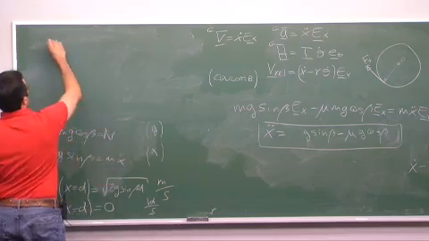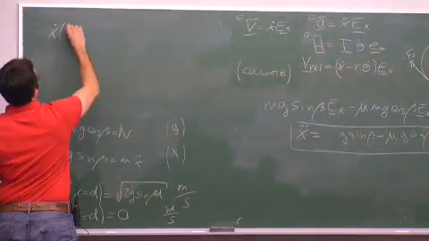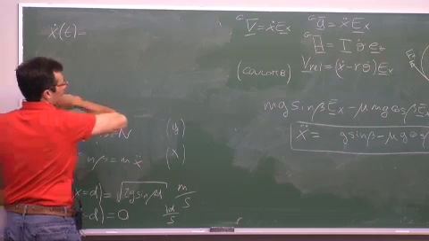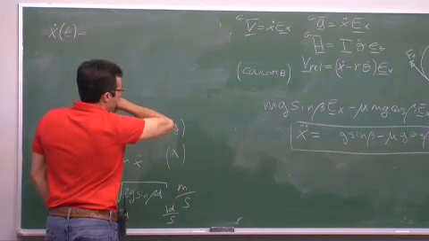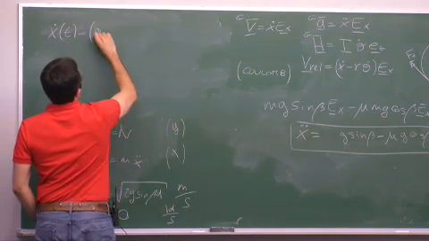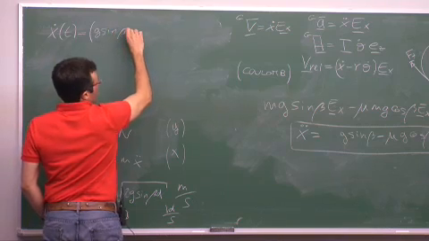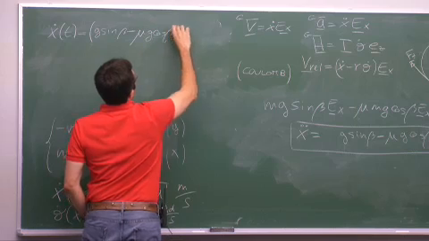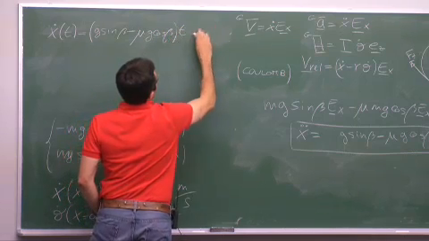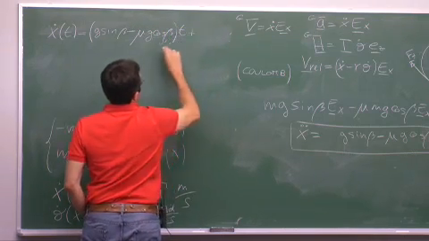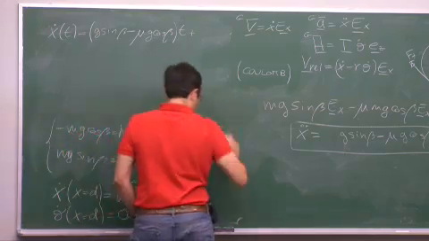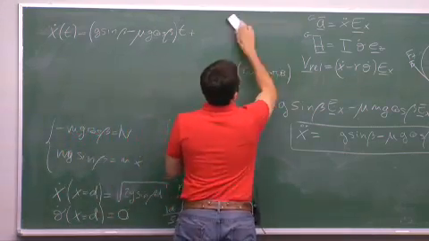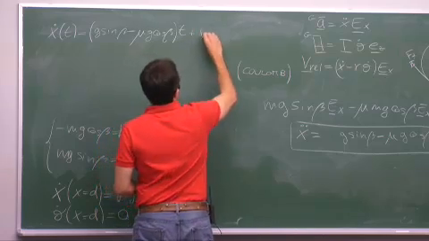If I integrate it once, I get that x dot as a function of time is equal to what? That constant times t plus this.